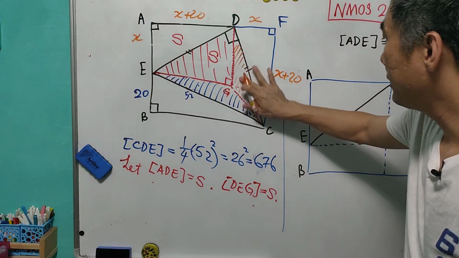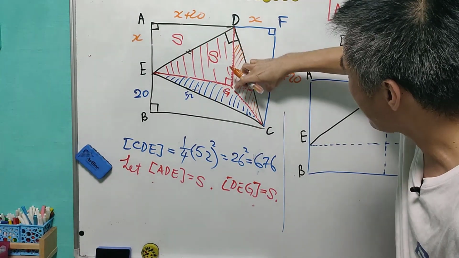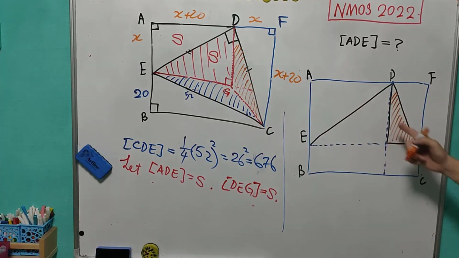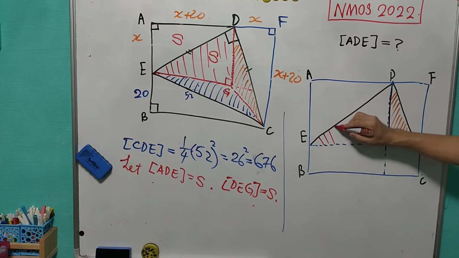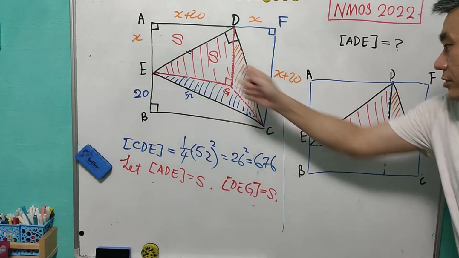Now you see that for this portion, DG is the base and the height is X. So it is actually equivalent to say that this is the area. So these two orange triangles are of the same area, and this is the red triangle.